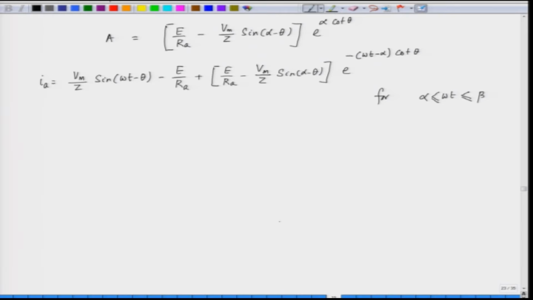Now, what we have to do is find the value of I when omega t is equal to beta. At omega t equal to beta, what is the value of I? I becomes equal to 0. And what is beta here? Beta is called the extinction angle.